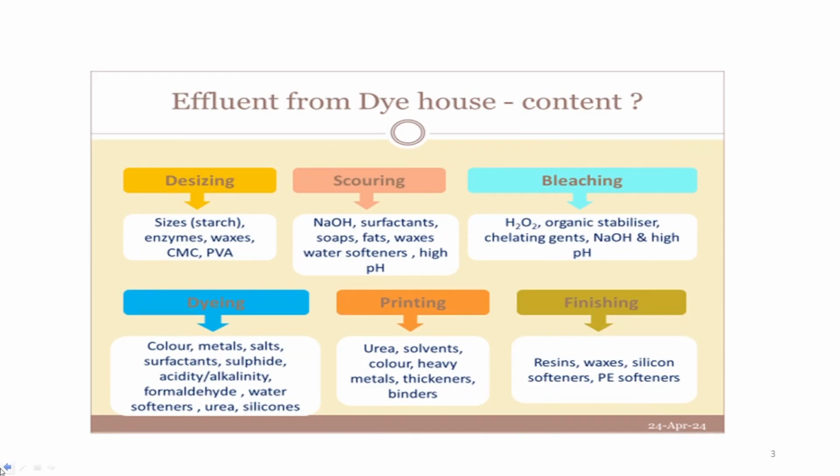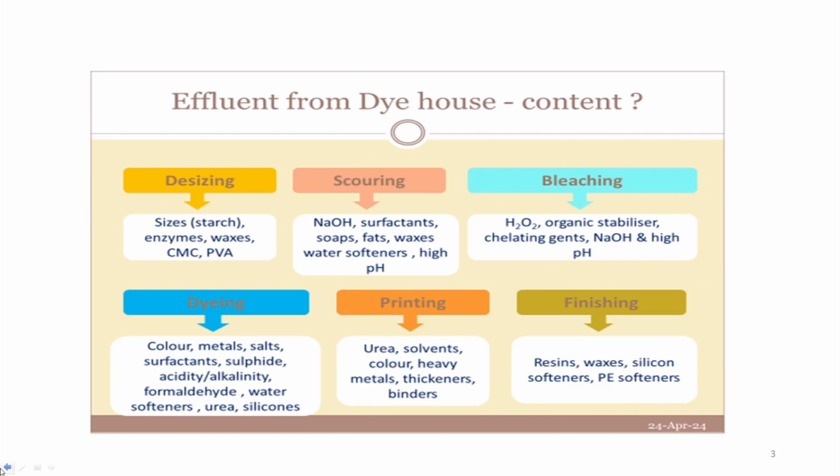Effluent from dye house, what does it contain? From desizing, we know sizes like starch, enzyme, waxes, carboxymethyl cellulose, PVA, polyvinyl alcohol will be there just from the desizing and sizing step. Scouring step will have sodium hydroxide, surfactants, soap, fat, waxes, water softeners, and will have very high, alkaline pH.